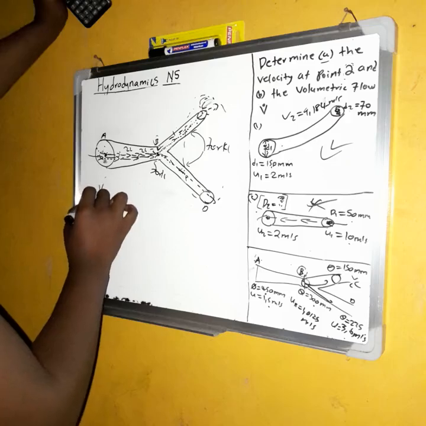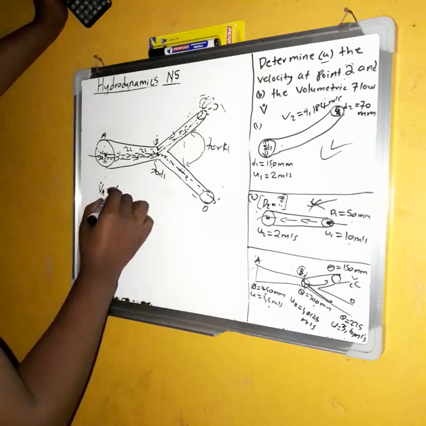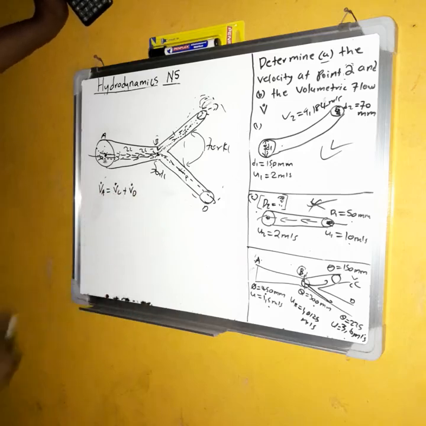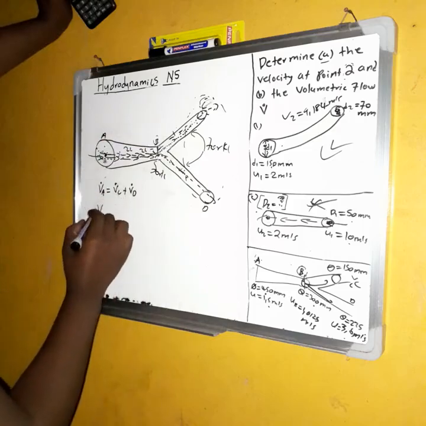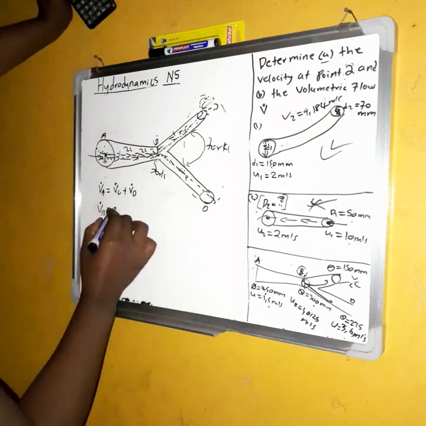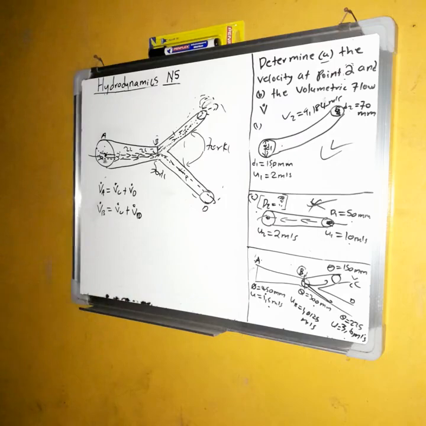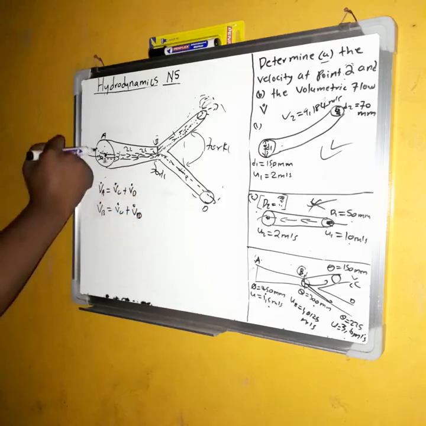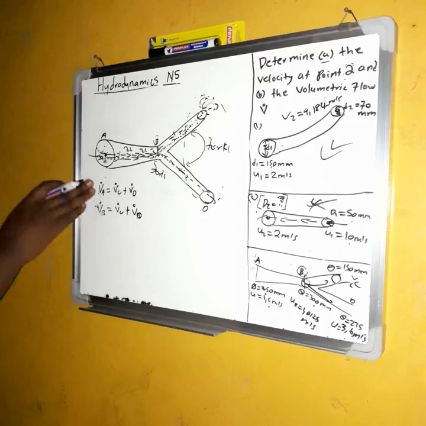The volumetric flow at A must be equal to the volumetric flow at C plus the volumetric flow at D. Also, you can take it from B: the volumetric flow at B must be equal to the volumetric flow at C plus the volumetric flow at D. This is one and the same thing, because the volumetric flow at A and B are the same. So it's up to you.